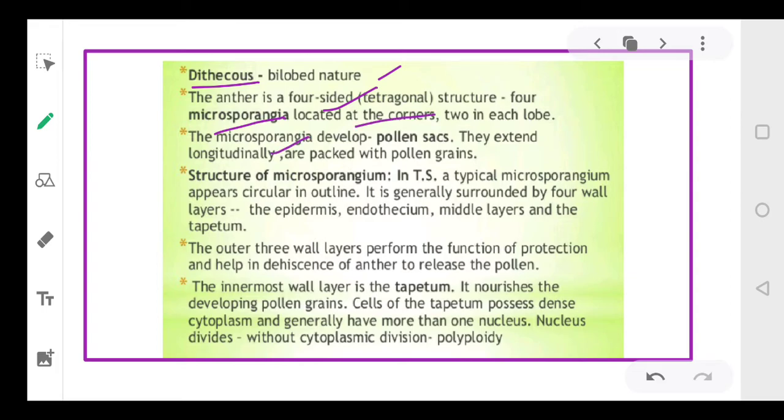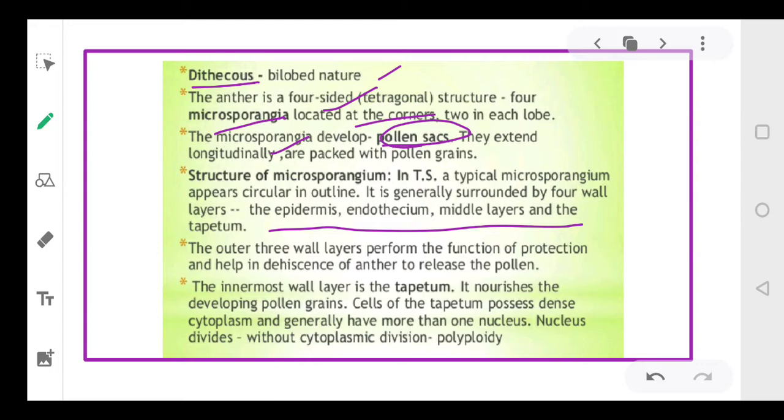Then microsporangia will develop to form the pollen sacs. Then there are 4 layers: epidermis, endothecium, middle layer, and the tapetum. Tapetum will provide nourishment to the growing PMC. Then PMC will undergo meiosis and form 4 microspores.